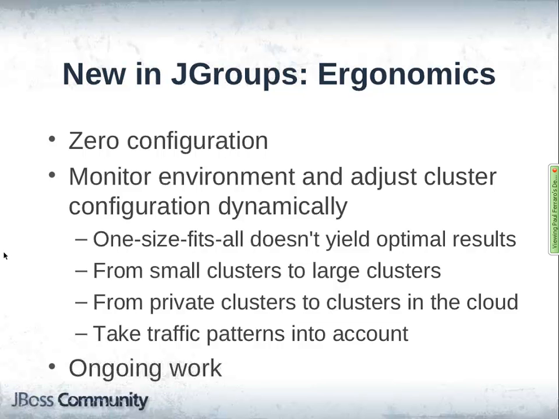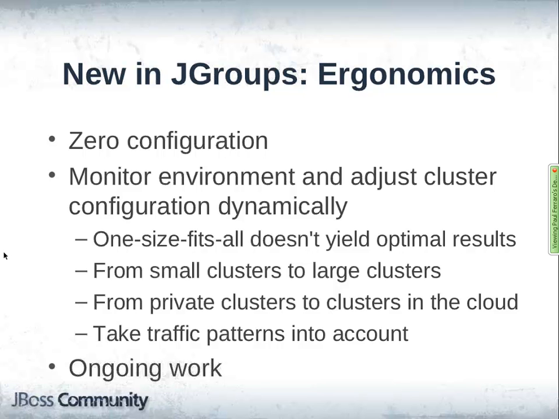But the goal would be that the user only needs to specify a list of protocols and does not necessarily need to specify the options inside of the protocols. And that's a big issue for us because a lot of people misconfigure a stock configuration of JGroups and then run into problems.